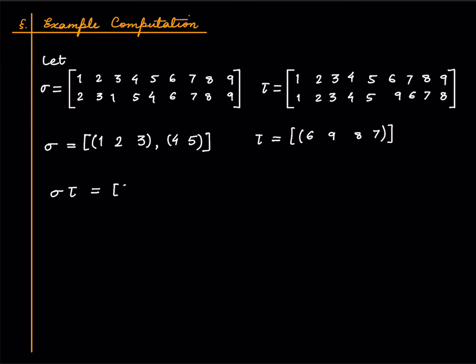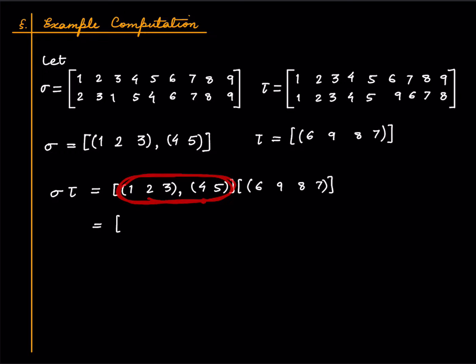Sigma tau is the product. We need to find out the image of 1, the image of 2, and so on. Now, note that whatever sigma is disturbing, meaning whatever sigma is not fixing, is fixed by tau.